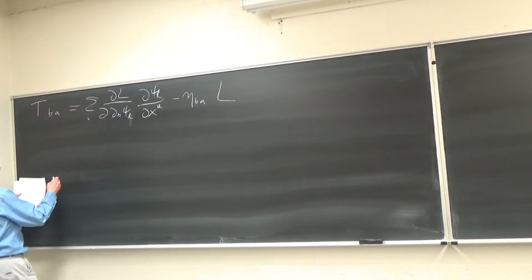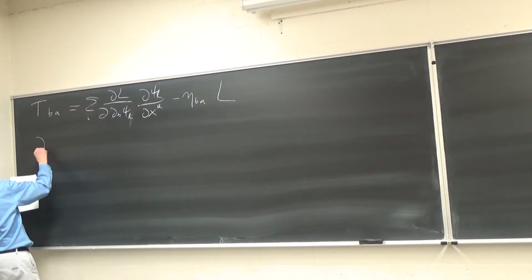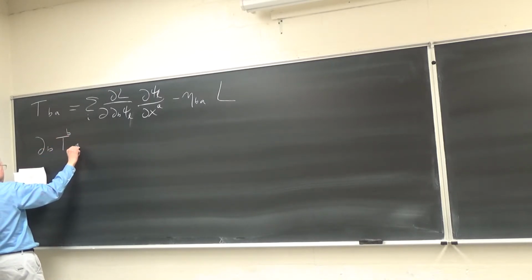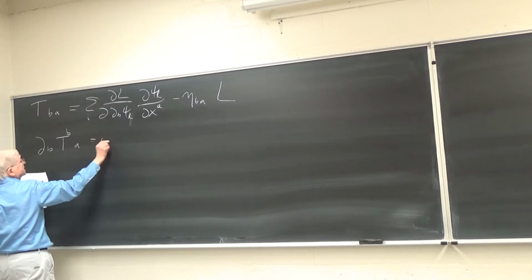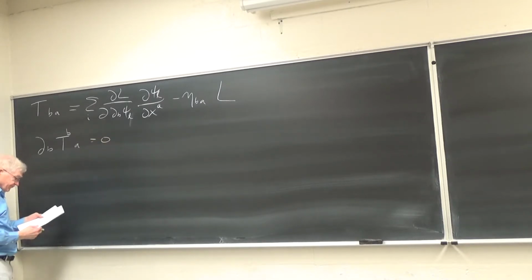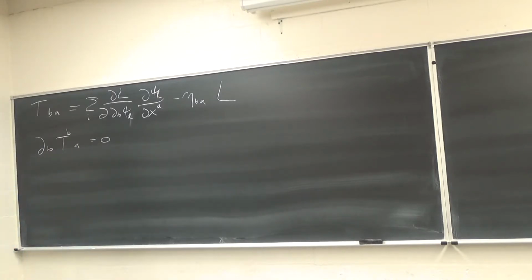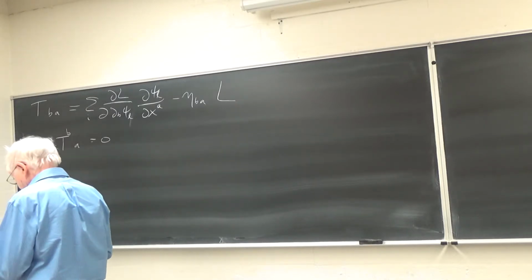And it has zero divergence, by which we mean dB TBA is equal to 0. Now, this structure that we have here is this first term, which is a total divergence, and then a second term that is this funny anti-symmetric thing.